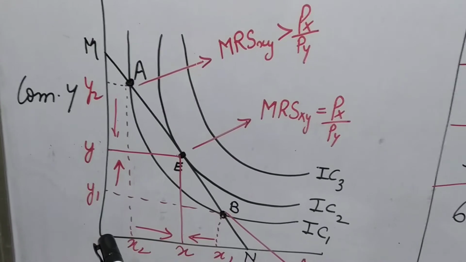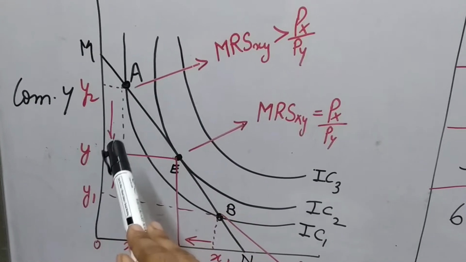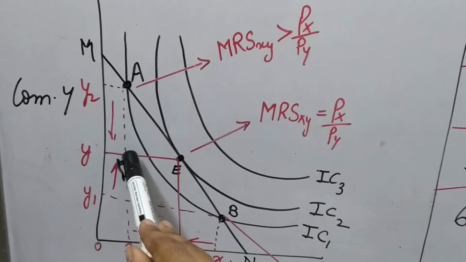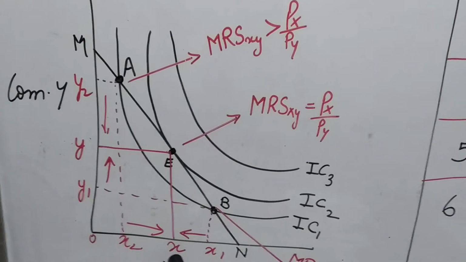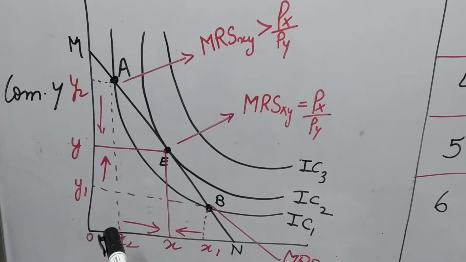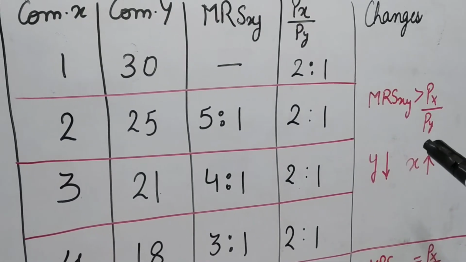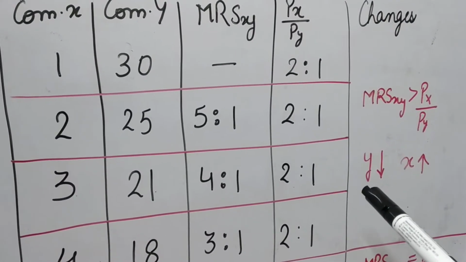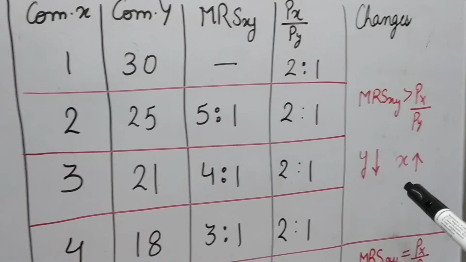Or where does he have to reach? He has to reach up to this point A. That means from Y2 to Y he has to come, so he has to reduce the consumption of the Y commodity, and from here to here he has to go, so he will increase the consumption of the X commodity. So the same thing is written over here also. When MRS of XY is greater than Px upon Py, he has to reduce the consumption of the Y commodity and he has to increase the consumption of the X commodity.